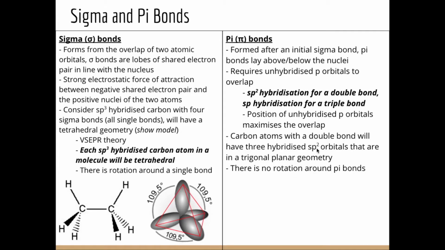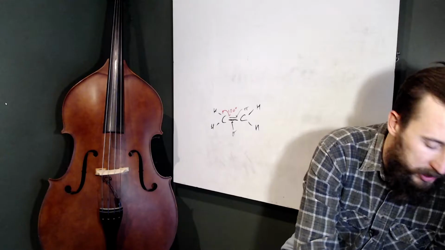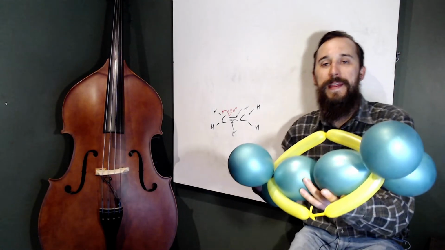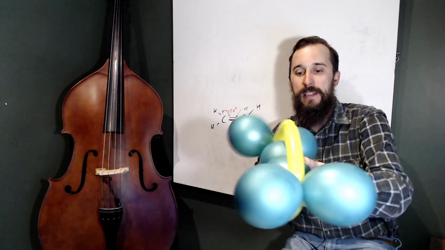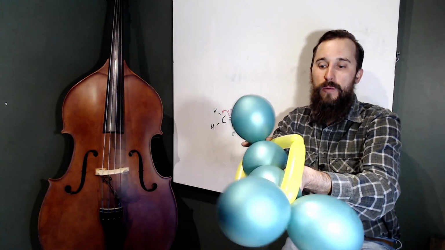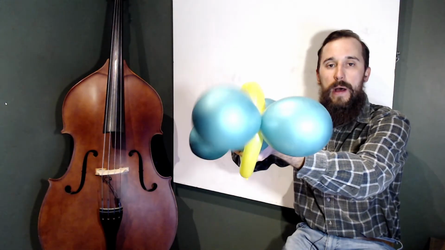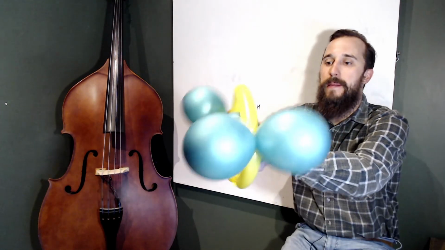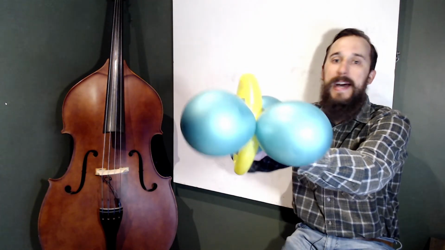One important property of a pi bond that we haven't discussed before is this idea that there is no rotation around pi bonds. Pi bonds are locked in place, as opposed to our sigma bonds that we just saw. They can rotate, clockwise or anti-clockwise. Our pi bonds, if I show you on the model, these ones are locked in place. So if we imagine this trying to rotate like our sigma bonds did, the pi bonds, the way they're bonded, doesn't allow it.